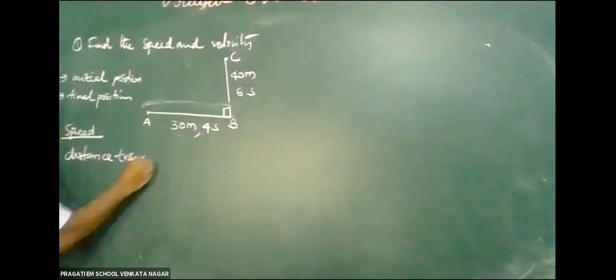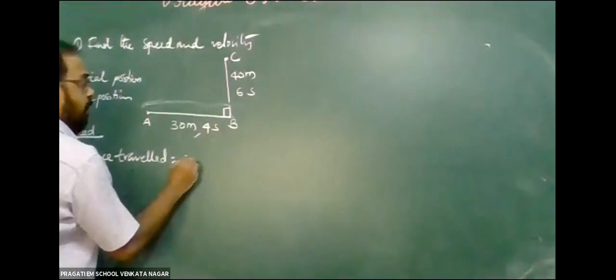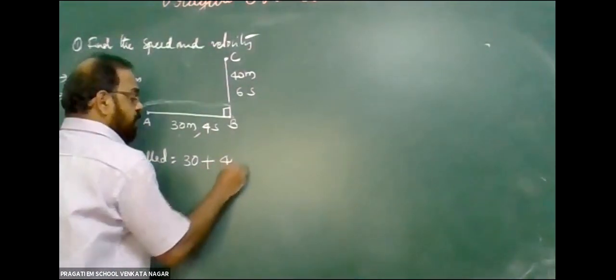So first, speed is equal to distance by time, velocity is equal to displacement by time. First let us find the distance traveled for speed. Distance traveled by him: A to B he traveled 30 meters, B to C he traveled 40 meters.